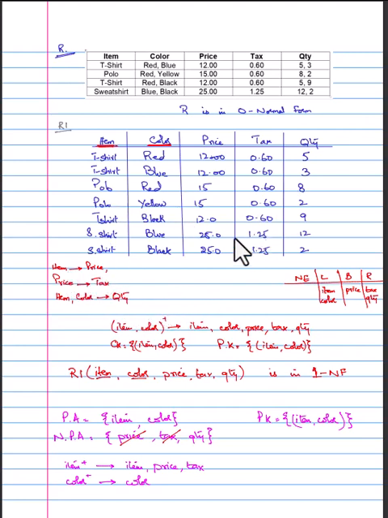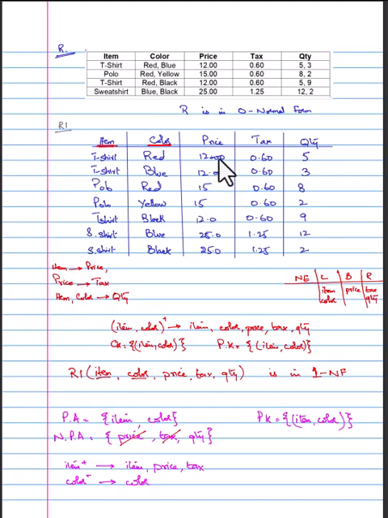So from this data we can easily identify all the dependencies. How? You can see t-shirt. If the item is t-shirt, then the price is 12. It is t-shirt 12, t-shirt 12. This means item is identifying the price, or price is dependent directly on the item.